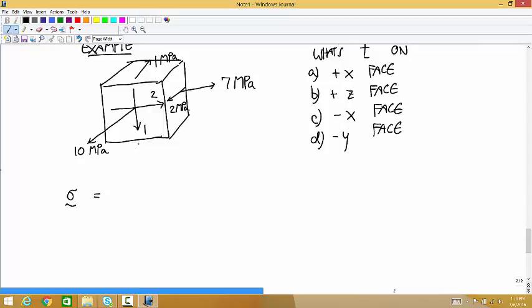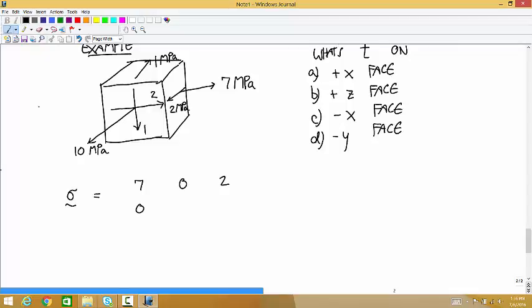What's the XX stress element? Positive 7. What's the XY element? 0. What's the XZ element? Positive 2. And then we have 0 here.